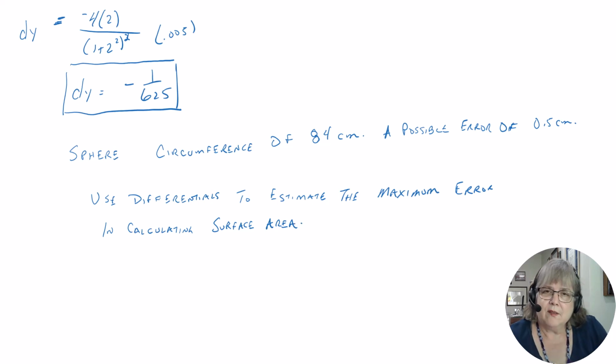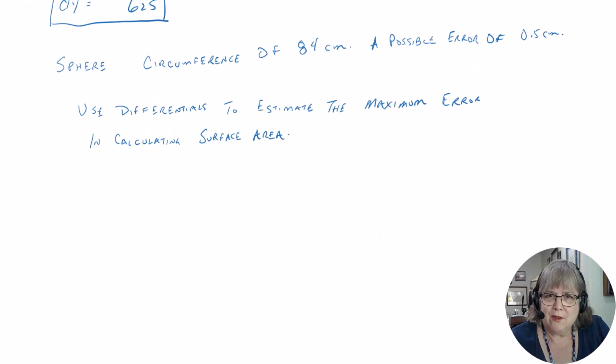Okay, so let's say you measure the circumference. You feel pretty certain it's 84 centimeters, and you might be off just, not much, but a little bit. But what about if we really wanted the surface area? I mean, how much is your little bit that you might be off? Okay, what's that going to do to the surface area?